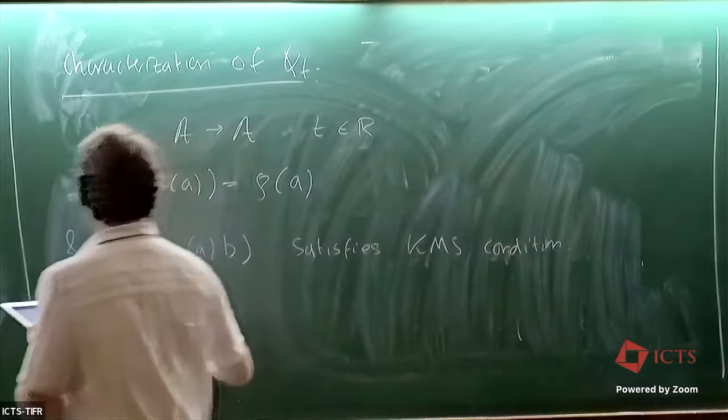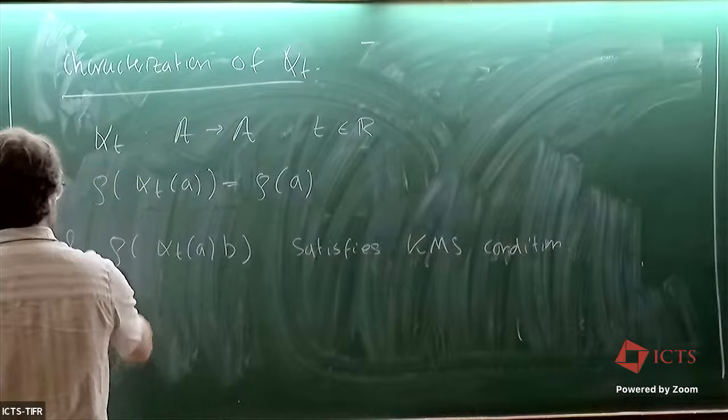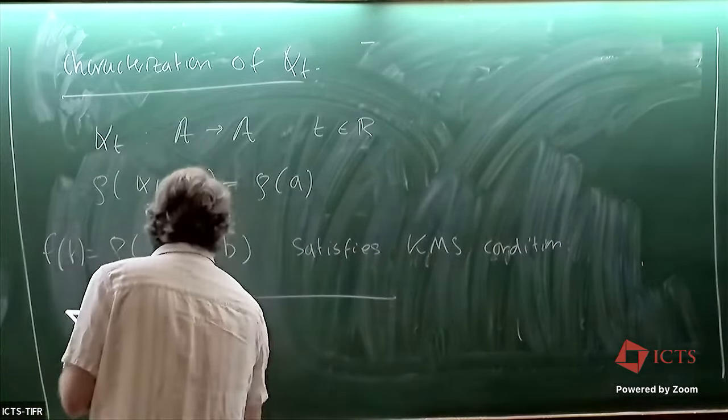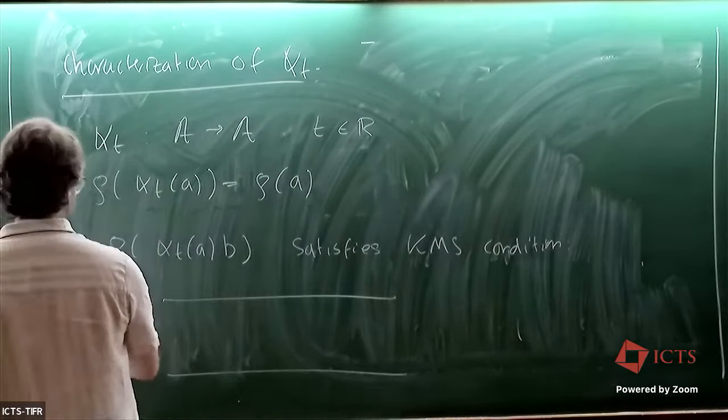The KMS condition in this form is the statement that this function, a function of t, has an analytic extension to the complex strip.